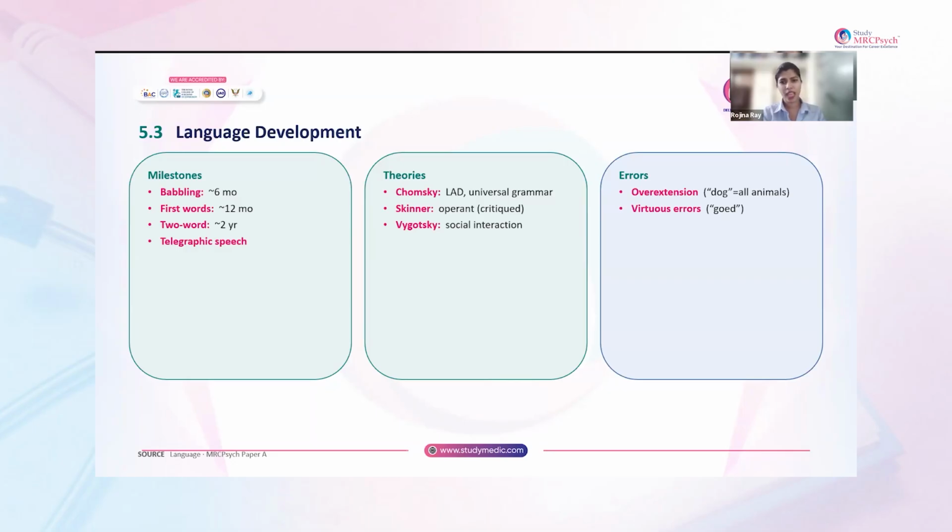For example, instead of saying "well," the child says "good." These errors show that children are learning rules rather than simply imitating others. So Chomsky proposed the presence of a language acquisition device, and virtuous errors show that children learn rules. They do not merely imitate the adults.